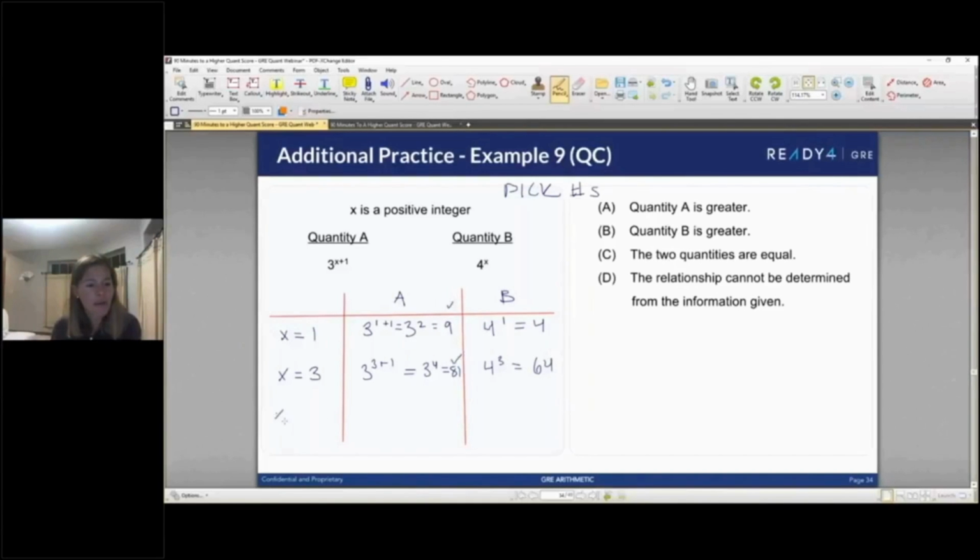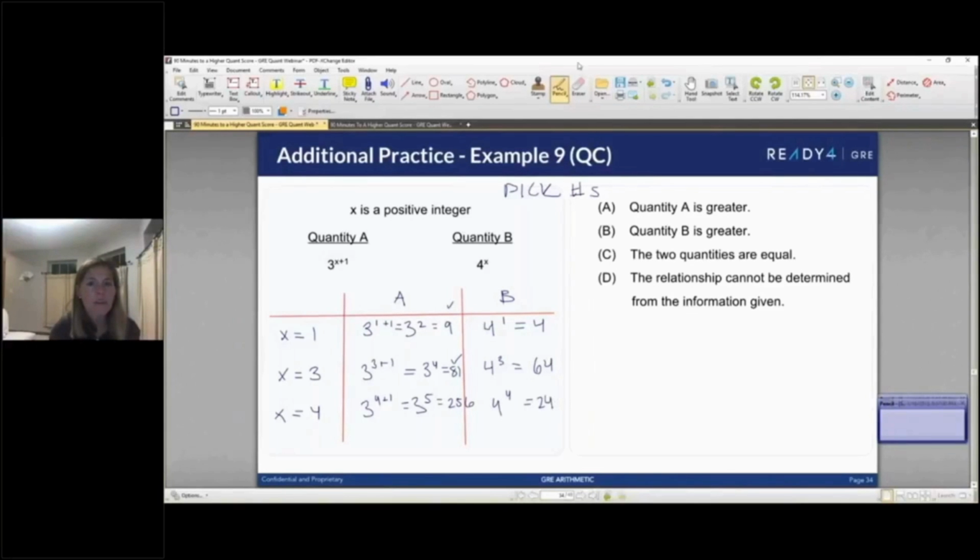What about if we do x is equal to 4? Here we get 3 to the 4 plus 1 equals 3 to the 5th. Over here we get 4 to the 4th, which is 16, 64, 64 times 4 is equal to 256.